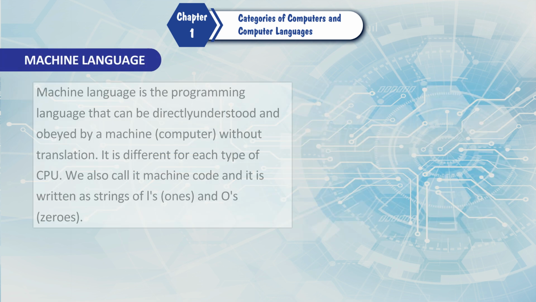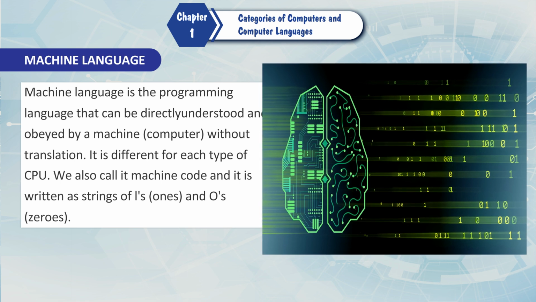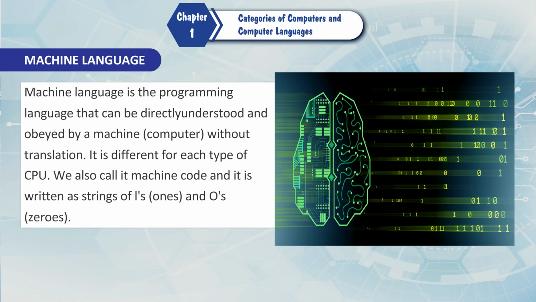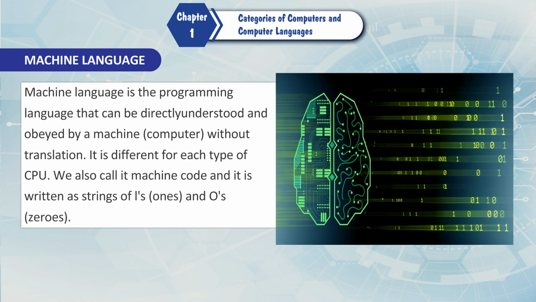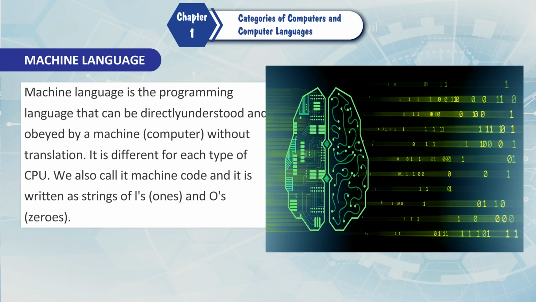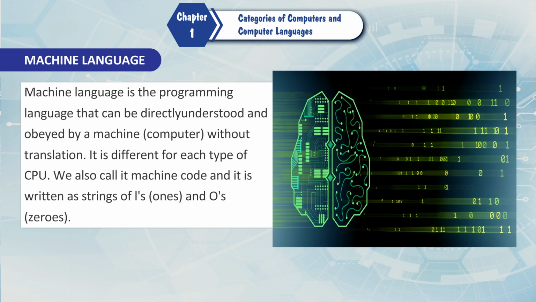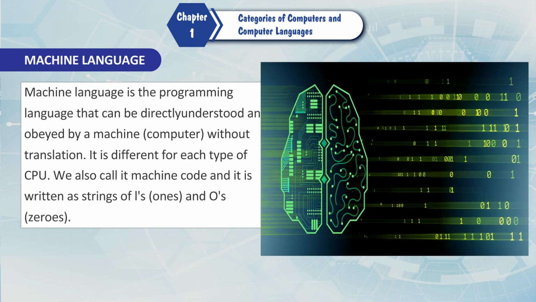Machine language. Machine language is the programming language that can be directly understood and obeyed by a machine computer without translation. It is different for each type of CPU. We also call it machine code, and it is written as strings of ones and zeros.